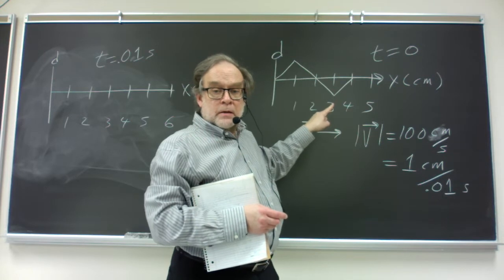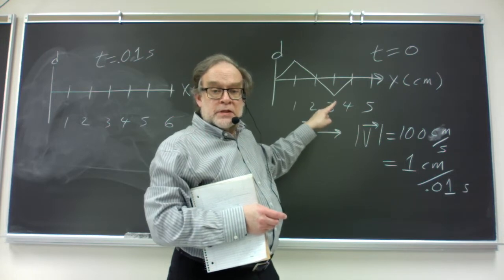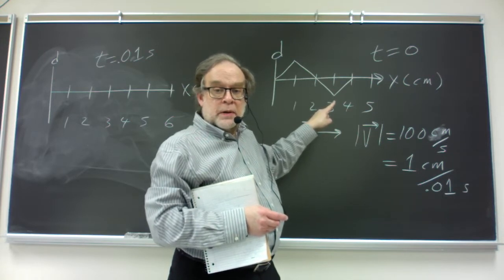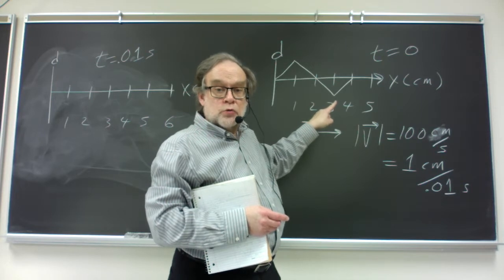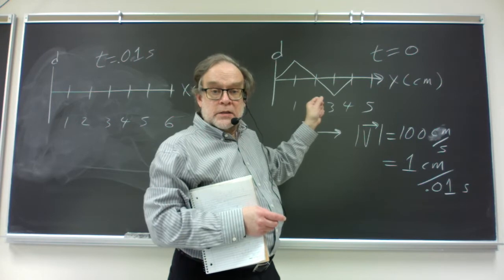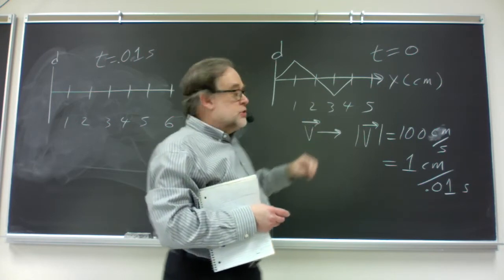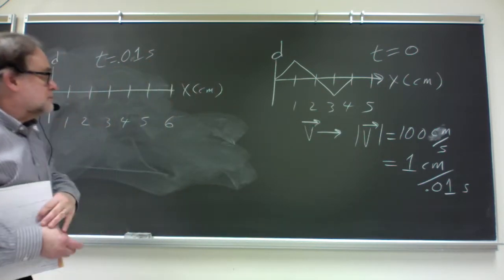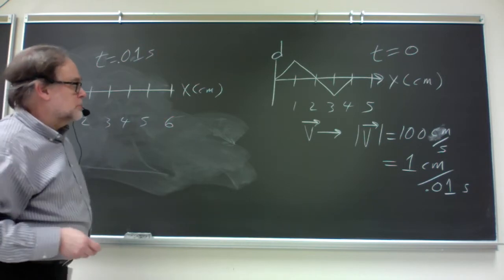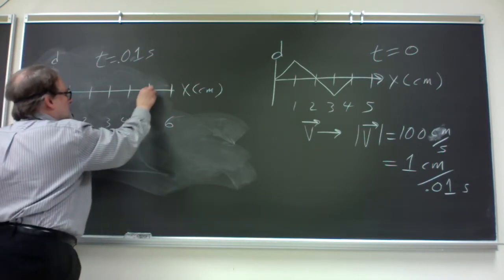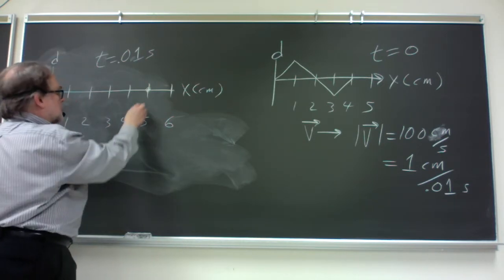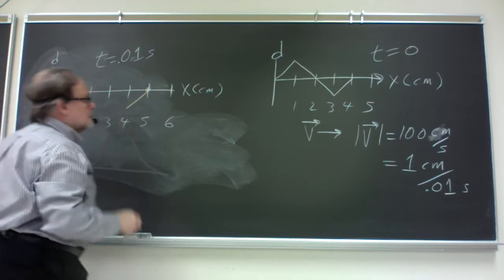And this piece of the pulse here, the bottom of the valley, also moves 1 centimeter from 3 to 4 in that amount of time. So now the front of the pulse has moved from 4 to 5. The valley of the pulse has moved from 3 to 4.